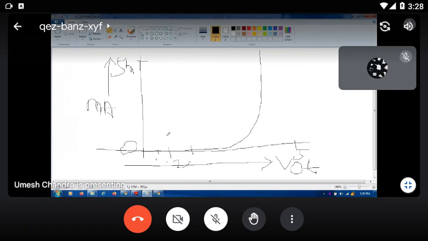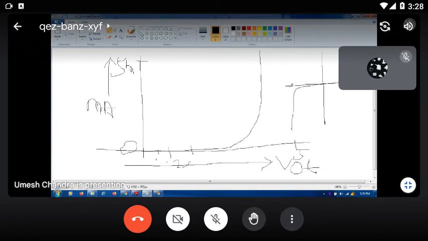This is the graph for a PN junction diode. Similarly for LED, same. And for the Zener case, you plot the graph for both forward bias and reverse bias. Then your graph is like this: forward bias, and this is reverse bias.